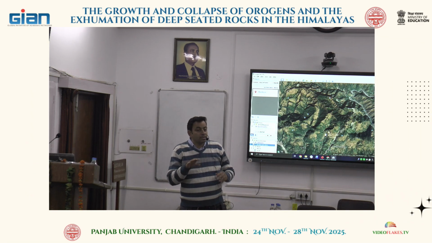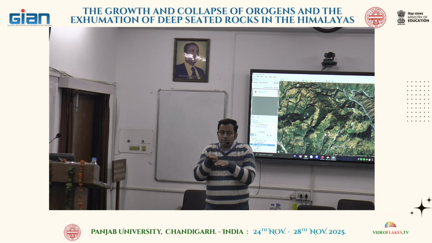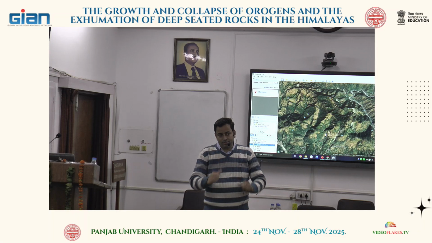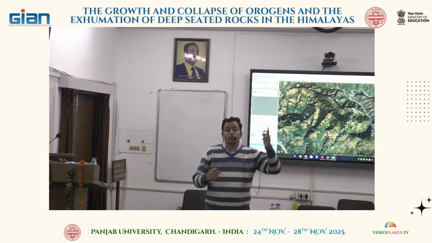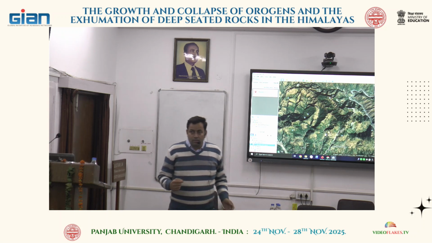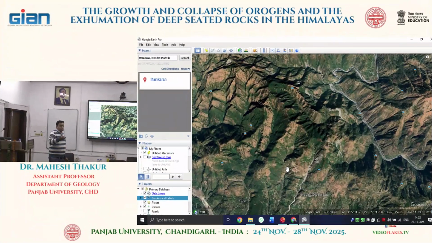And if somewhere near a river this fault is truncating a Quaternary sediment, then I can even date it and put some constraints: this fault moved at that time. So we can put some age constraints on this fault. Because if this mass was not here, imagine, then this basin would have continued easily.